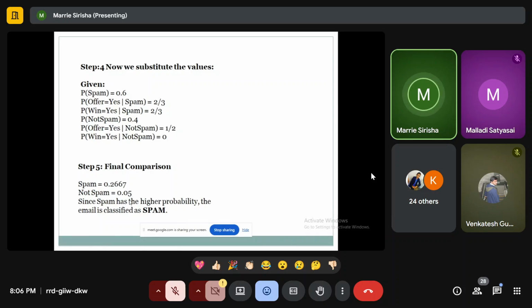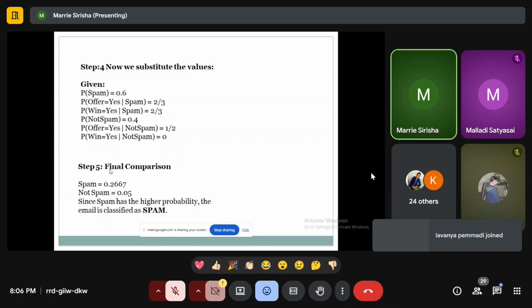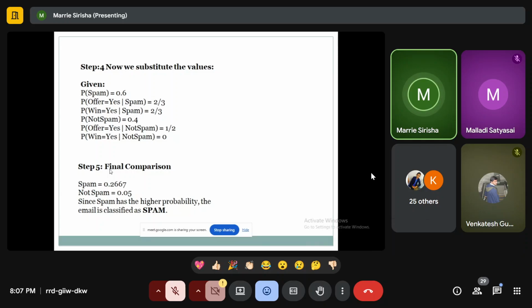So I am categorizing this email as spam because I have higher probability for spam, right? నాకు స్పామ్ అనేది హయ్యర్ ప్రాబబిలిటీ ఉంది కాబట్టి నేను నా ఈమెయిల్ ని స్పామ్ అని క్లాసిఫై చేస్తున్నా. ఒకవేళ నాకు నాట్ స్పామ్ లో ప్రాబబిలిటీ ఎక్కువ ఉంటే ఐ విల్ క్లాసిఫై ఇట్ యాజ్ నాట్ స్పామ్. బట్ ఎండ్ ఆఫ్ ద డే యూ హ్యావ్ టు give the higher priority to the higher probability.